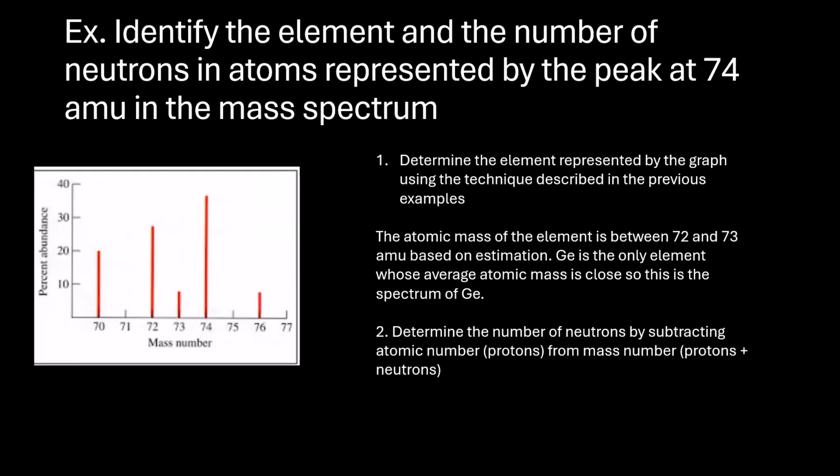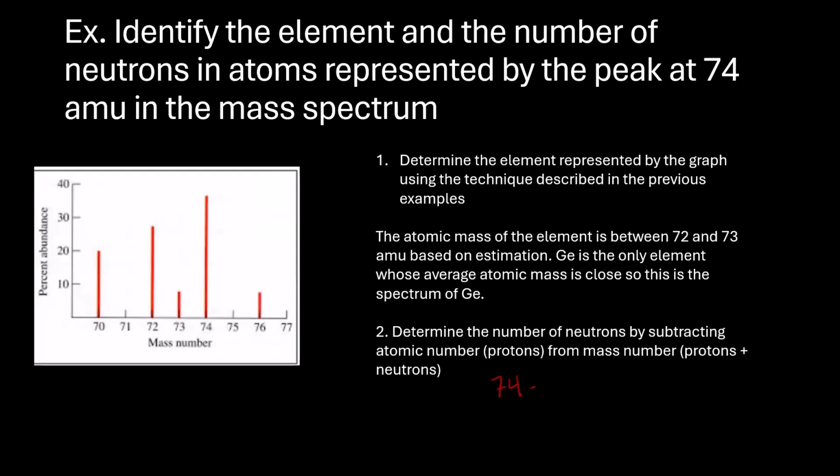Now we're going to determine the number of neutrons by subtracting the atomic number from the mass number. Remember that it's asking about the peak at 74 AMU, so our total mass is 74, and we're going to subtract the number of protons.